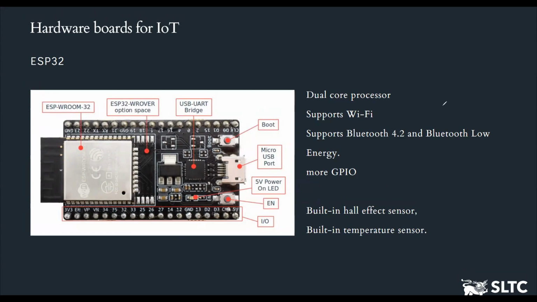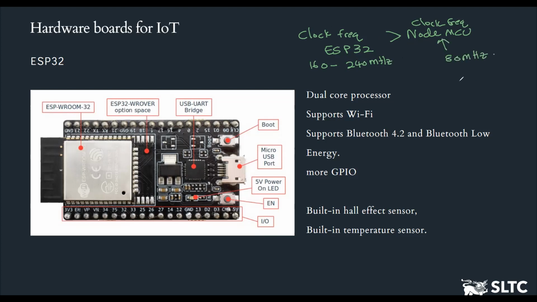So one of the reasons is the clock frequency. The clock frequency of the ESP32 is higher than the Node MCU. Here it's in the range of 160 to 240 megahertz, and in the Node MCU it's in the range of 80 megahertz.